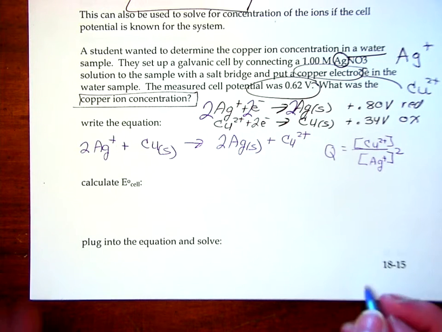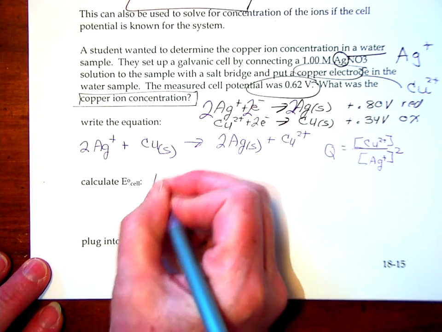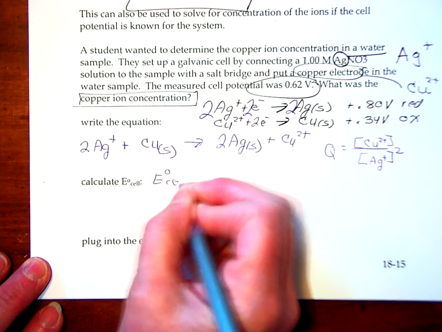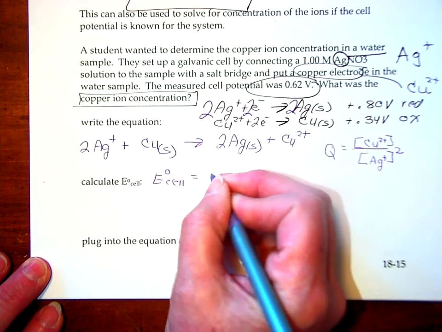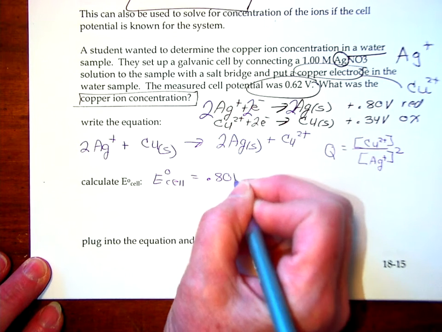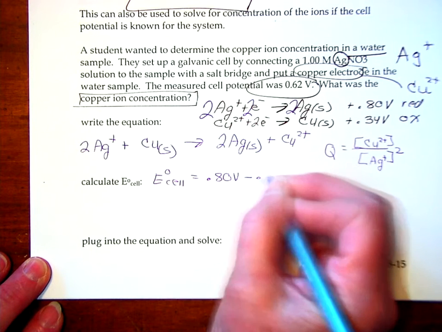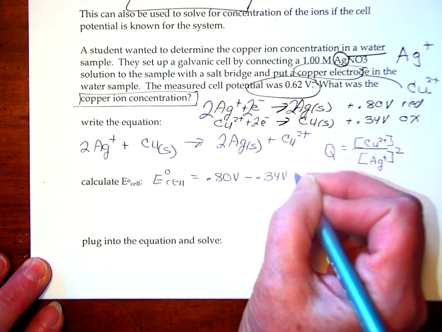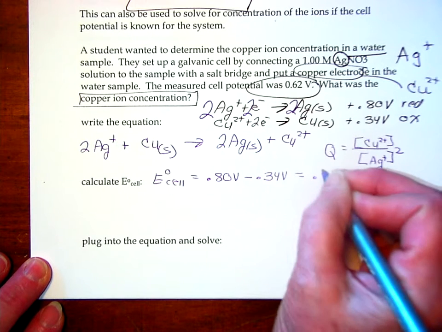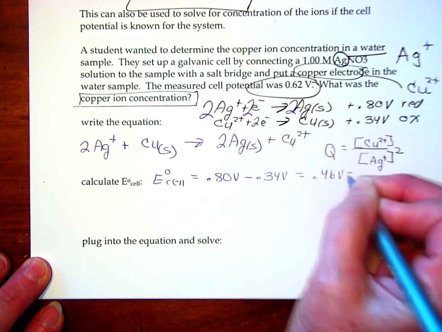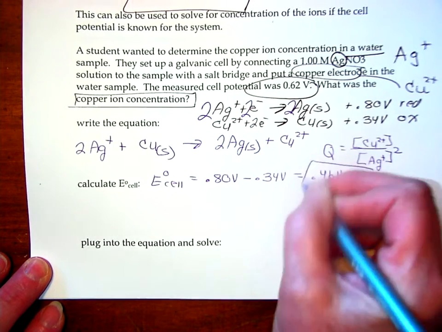Now, we calculate the standard cell potential. Well, E0 for the cell is equal to 0.80 volts, the reduction half, minus 0.34 volts, the oxidation half reaction, is equal to 0.46 volts. So this is my standard cell potential.